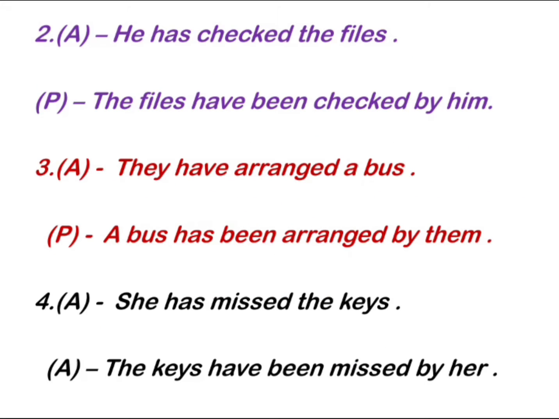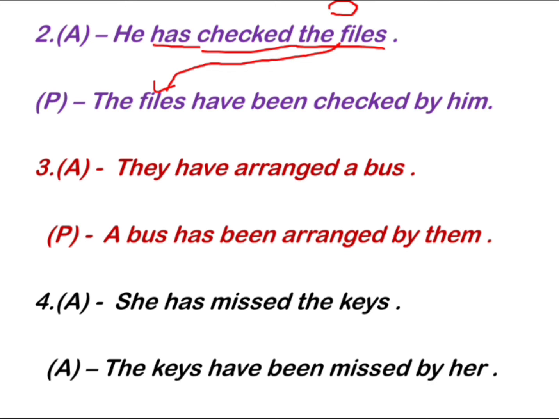Next, he has checked the files. He is singular, so we use has, and checked. Has checked is the verb. What did he check? Files. So this files is the object. The object in the active voice becomes the subject in the passive voice.